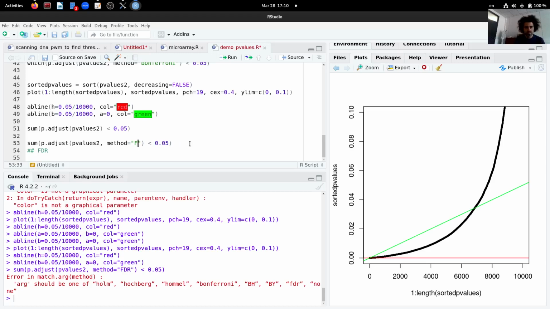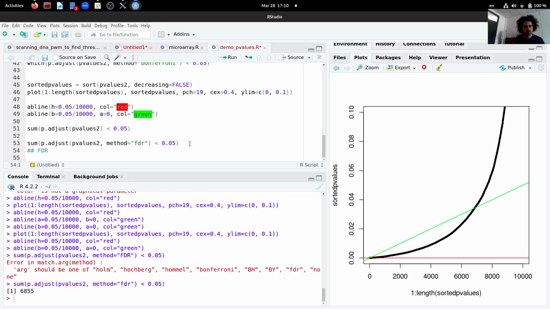Here it should be FDR. 6,855 genes, all these genes here. So for all these genes, we reject the null hypothesis. And usually, FDR is the methodology that we apply for biological data.